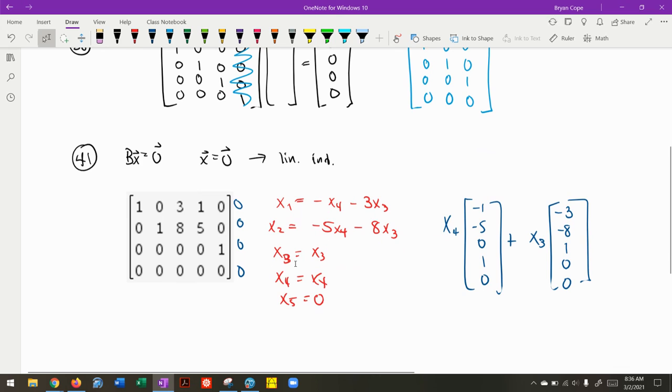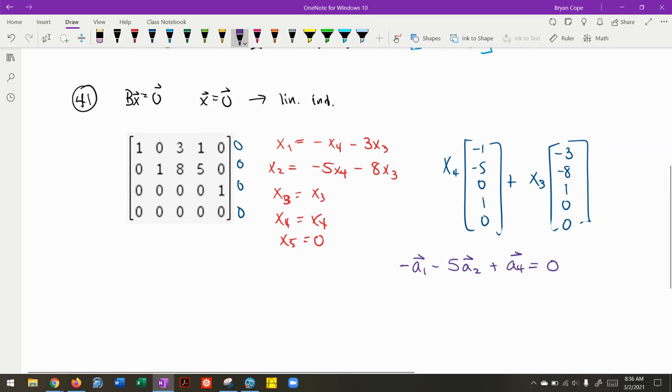So let's think about this. One linear dependence relation among the columns would be negative A1 minus 5 A2 plus A4 equals 0.